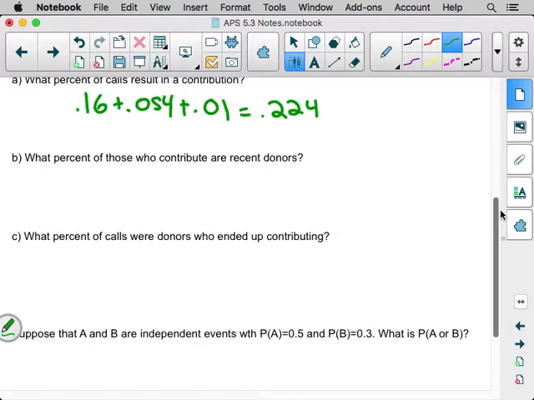When we're talking about what percent who contribute are recent donors, what do we already know about the person in this case? I'm actually confusing myself in this case.